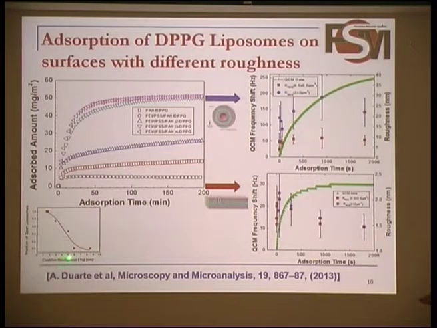So after, in this case, 6 nanometers of roughness leads to adsorption of liposomes with about 15 nanometers of diameter.